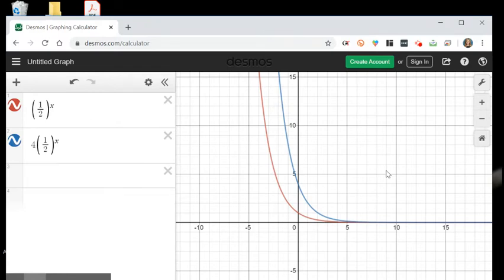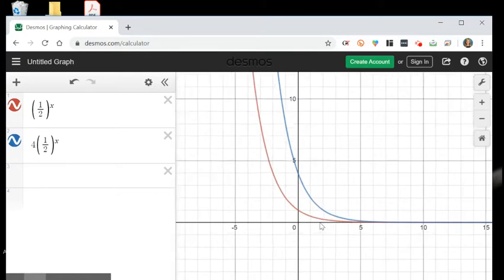So make sure you zoom out a little bit so that you can see exactly what's happening. So our red one is the 1/2, which we could consider like the parent function. It's a parent function when the ratio is 1/2. And my blue one is when our A becomes a 4.